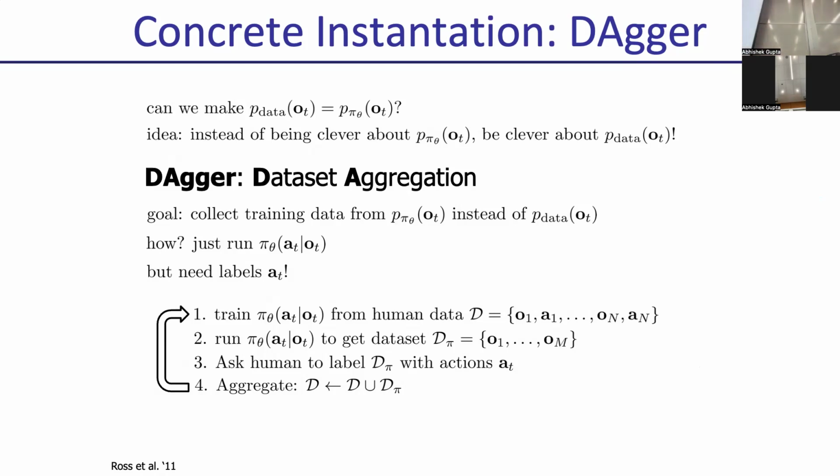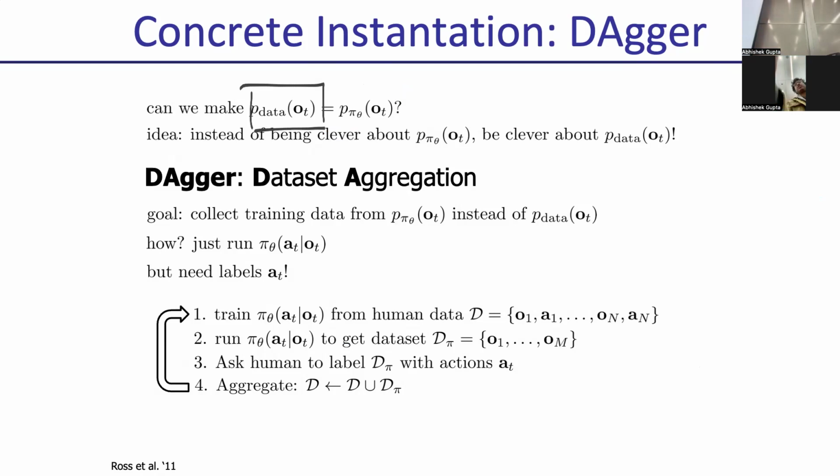Go ahead. Could you clarify the first line? When I say P data, that is the distribution of training data observations, so this is whatever your policy is trained on.